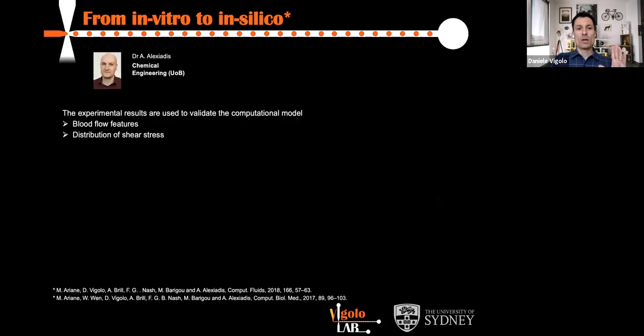So from these, I think what is also very important to understand here is that because we are working with microfluidics, and typically microfluidic flow regimes are laminar, it's easier in a sense to predict the behavior of the flow, but it helps also us to extract a number of information to build an in silico version of the in vitro model that we have seen here.